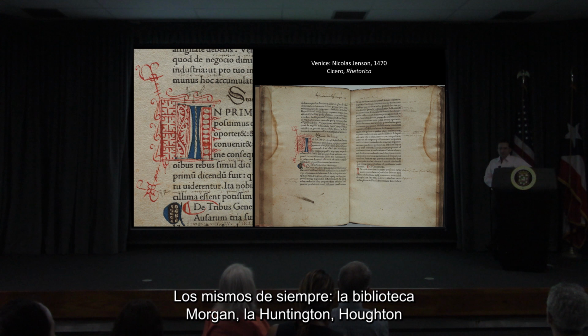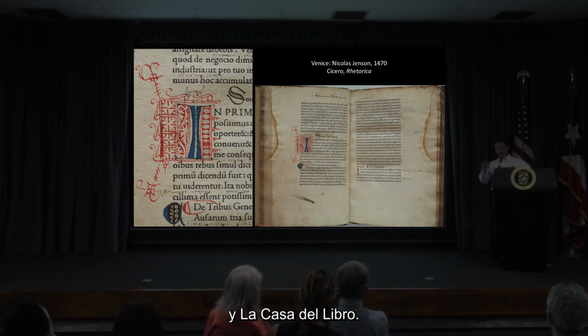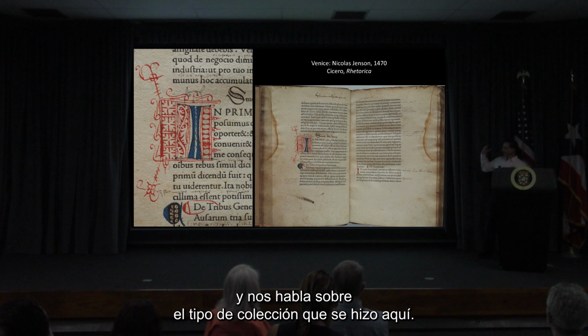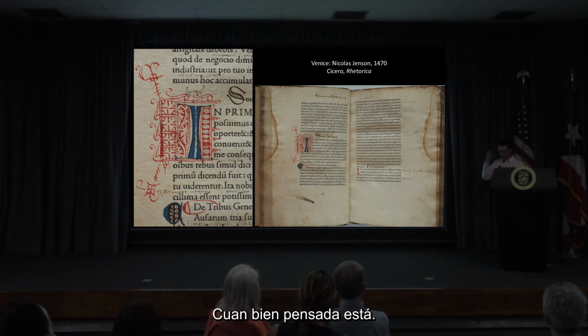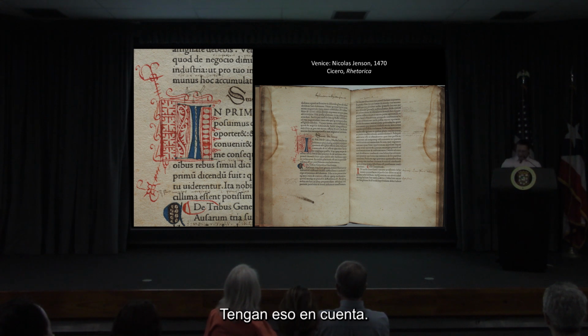The usual suspects: the Morgan, Huntington, Houghton, the Gordon families, and Rosenwald bought 2 copies. That's it, and La Casa del Libro. So this is a super prized item, and it tells you the kind of collecting that was done here, the thinking. So it's in a certain league of collection. Keep that in mind.